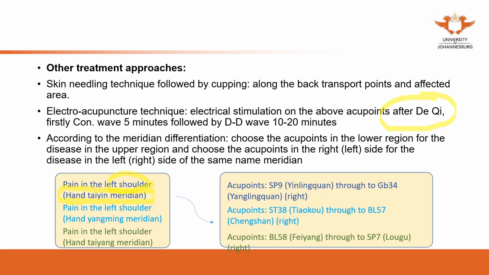For the hand Shaoyang meridian, you can use on the right side SJ9 to GB34, the points of the foot Shaoyang meridian. For the left shoulder on the hand Yangming meridian, you can use ST38 or bladder 57 on the right side. On the opposite side, in the Taiyang meridian, you can use bladder 58 to spleen 7.